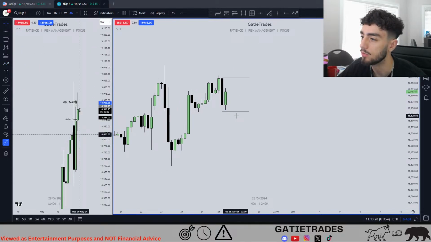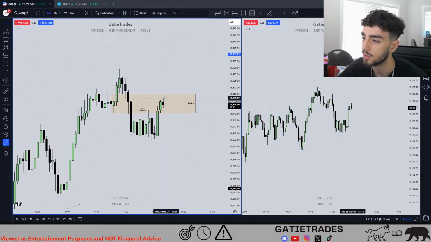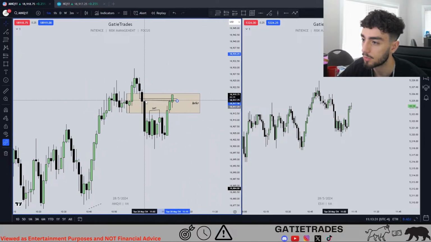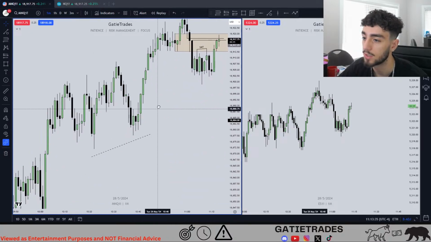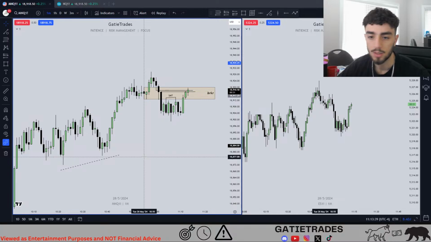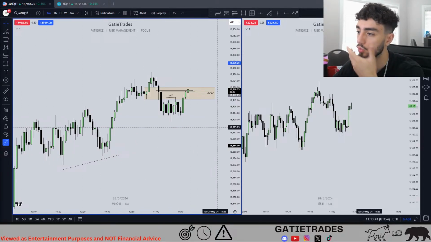If it displaces below, you look to the next range. Maybe this one. I don't know, something like that. It's all the same, however you want to see it. Let's see if this plays out. Breaker inside the fair value gap. I didn't think it would, because it looks like the exact same thing over here that destroyed us earlier. You know?